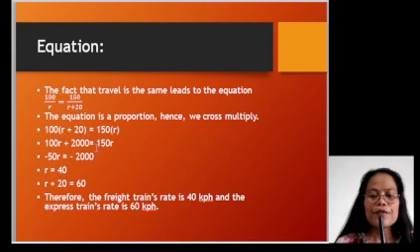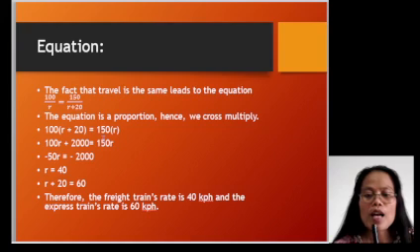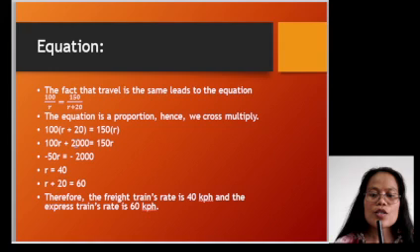So we have 100R. Again, 100R minus 150R is negative 50R, and 150R minus 150R is 0. So the right side is already 0 now, and we still have negative 50R plus 2,000 equals 0.